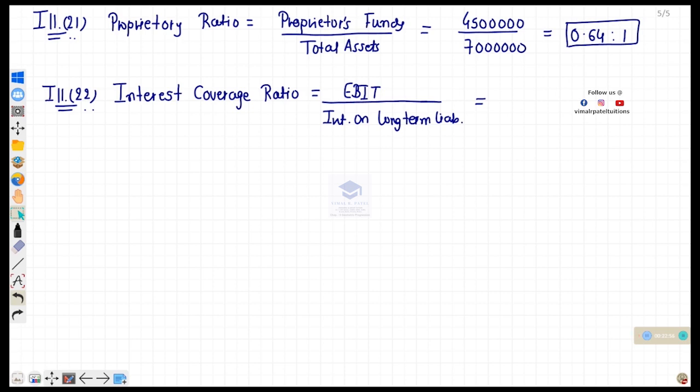Earning before interest and tax is given 20 lakh 70,000. Now, interest on long-term liability.